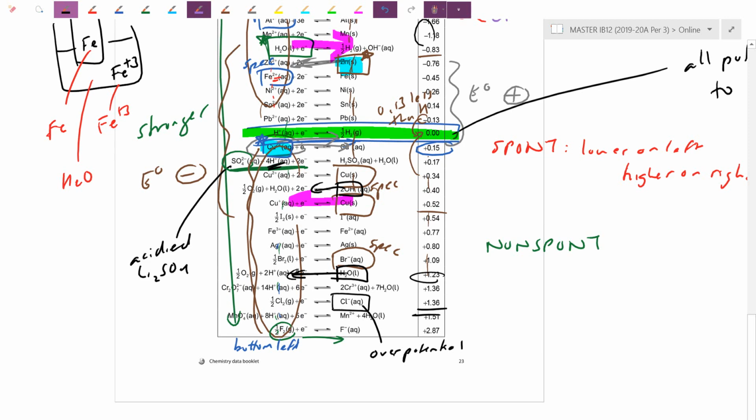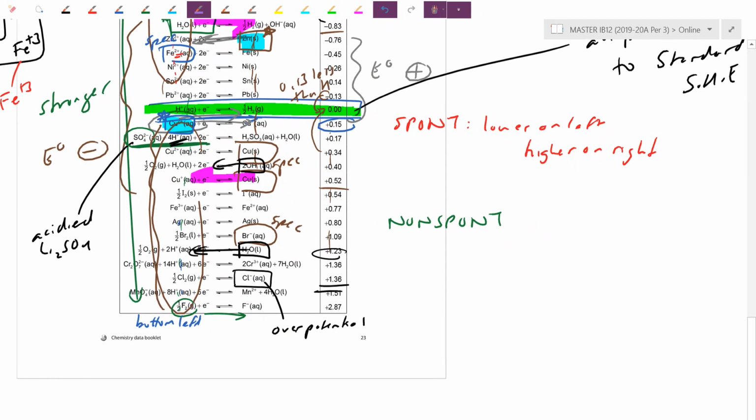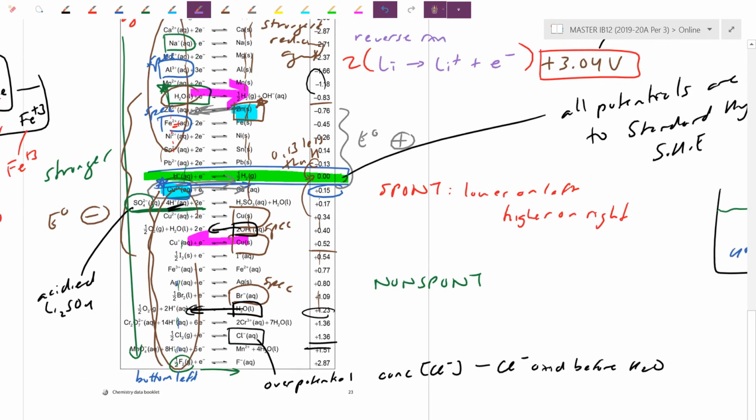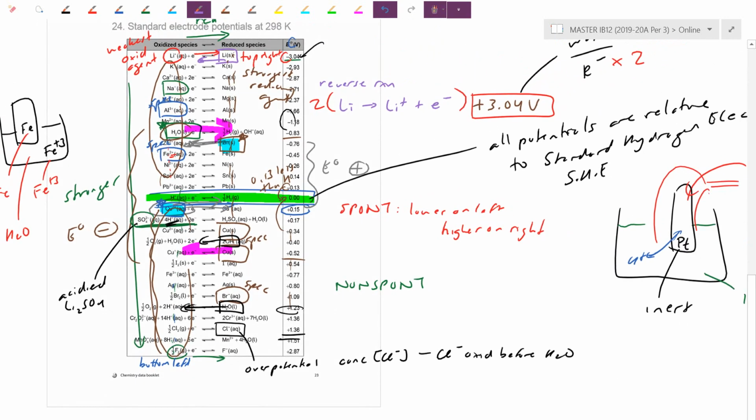But due to overpotential, in IB they're going to say in concentrated, any chloride concentrations, the chloride, in this case here as I have it, oxidizes before water. And in a similar fashion on the other side here, you might find the water equation. So there's water. Technically speaking, you might have chloride and bromide that might potentially reduce as well.